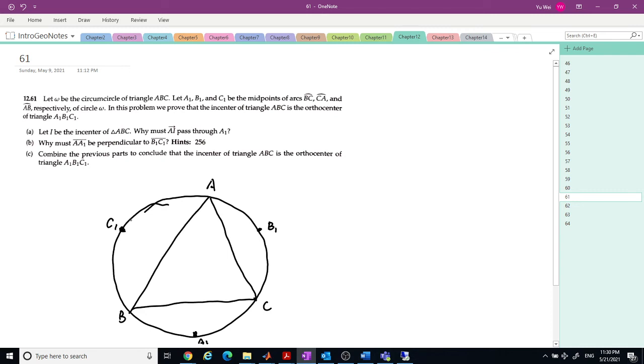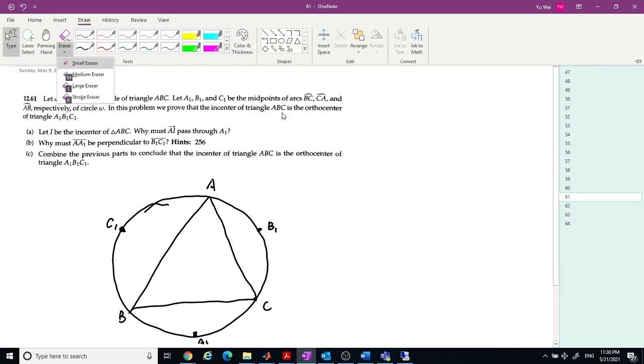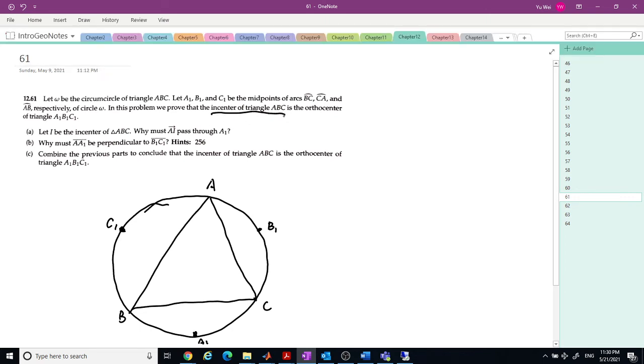Okay, so we want to prove that the incenter of ABC, which is where the angle bisectors meet, is the orthocenter of A1, B1, C1.